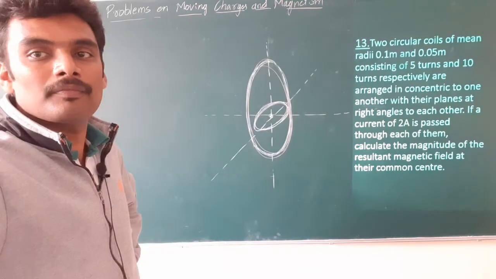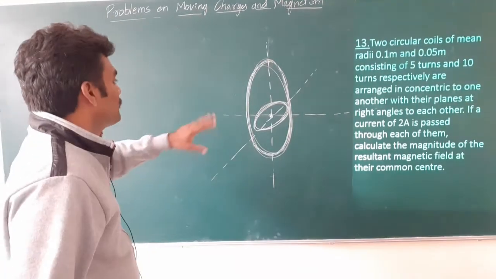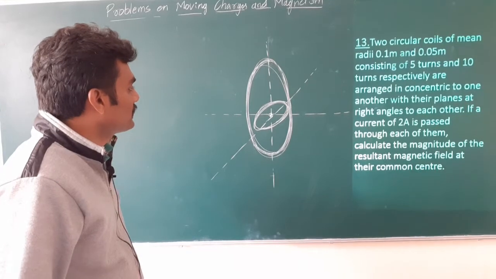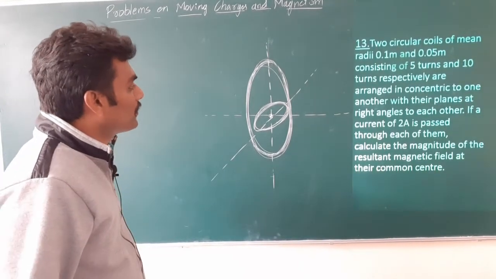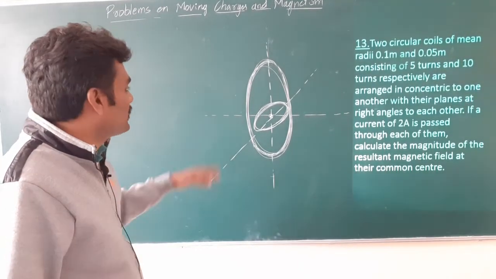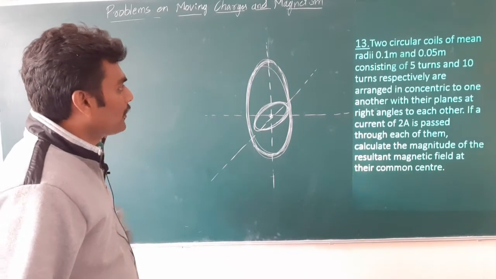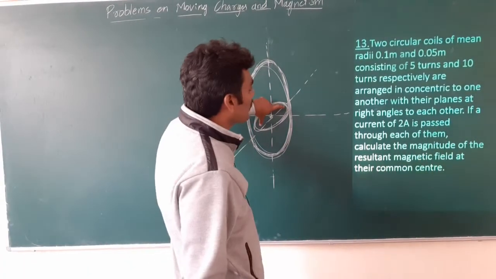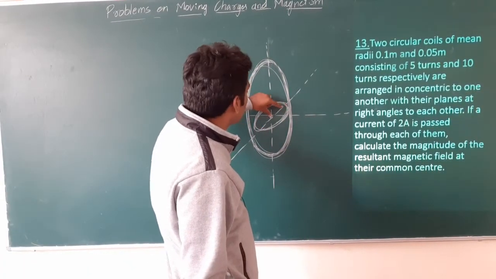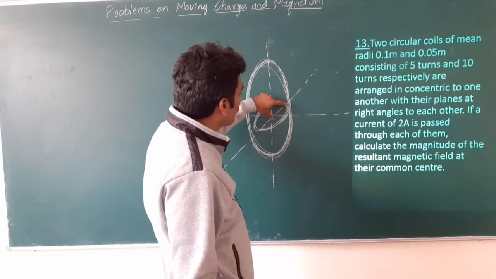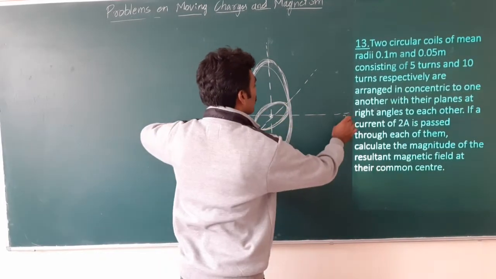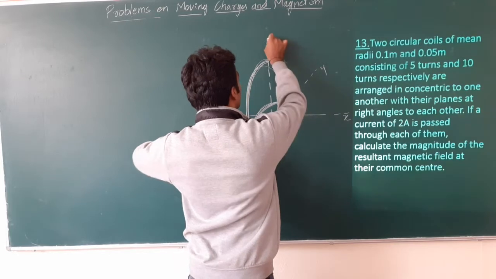So let me draw it. I've tried my best to represent two concentric circles with their planes perpendicular to each other, as follows. So I can consider this coil of 0.05 meter radius, say we call these axes x, y and z.